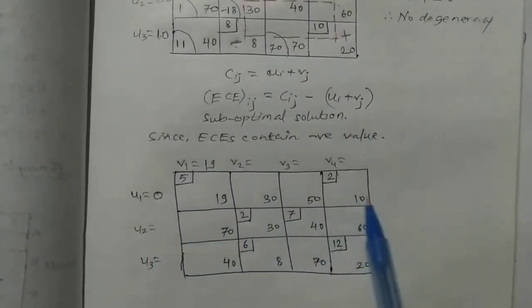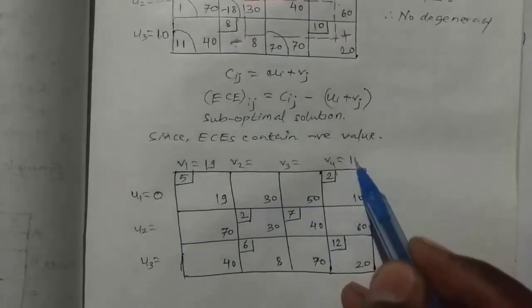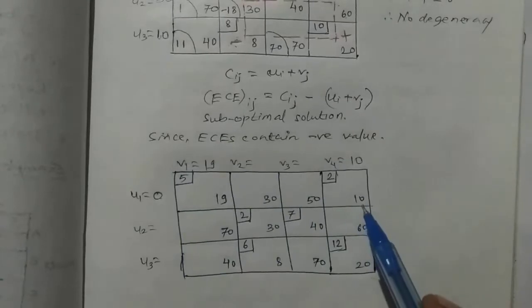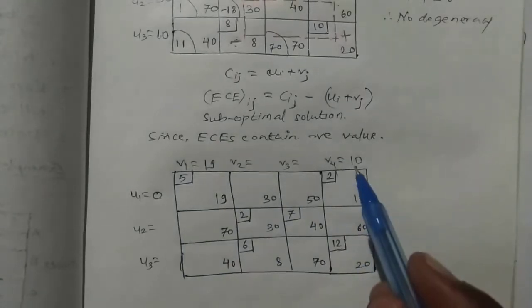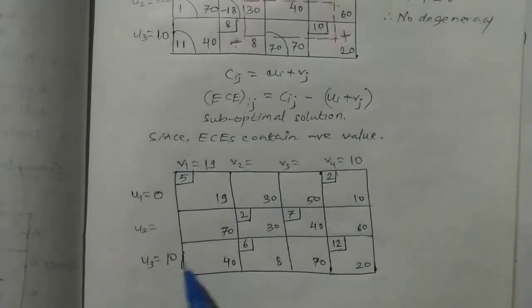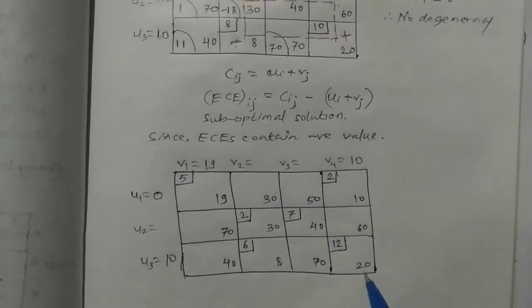Similarly, here take allocated cost. So 0 plus 10. Addition of these two should be 10. Similarly, use this cost. So 10 plus 10. Addition of these two should be 20. Similarly, use this allocated cost.